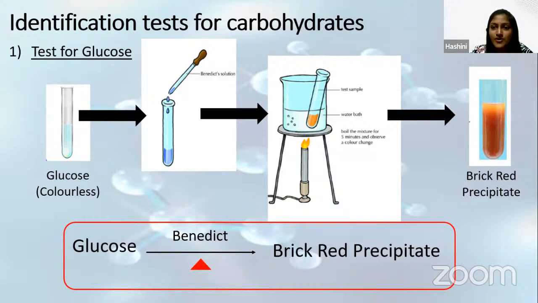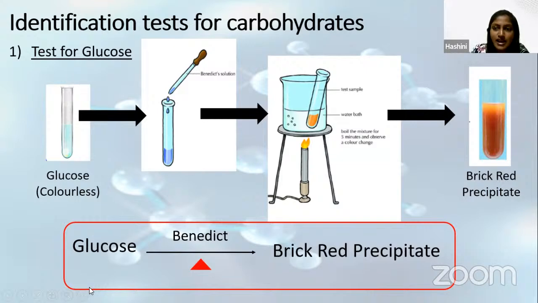This is the most important thing you have to remember. It will give a brick red precipitate. Precipitate means the solid part floating in the test tube. So this is the whole procedure of the test for glucose.